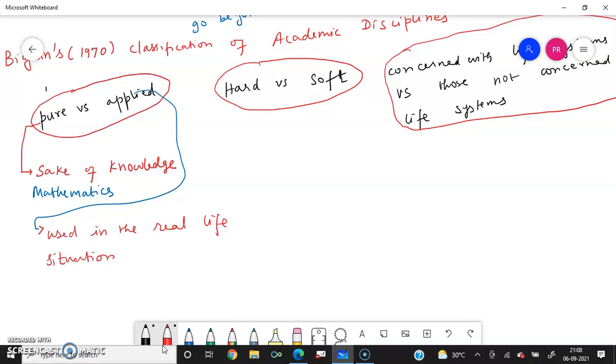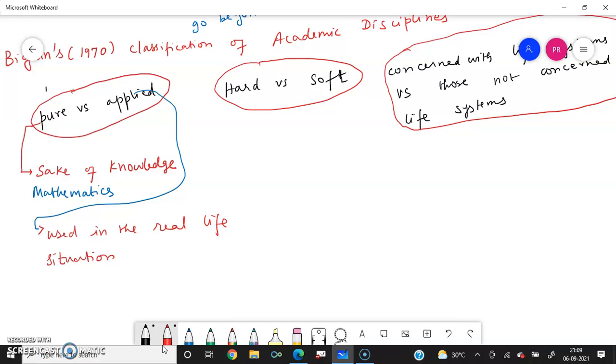Existing knowledge means whatever knowledge is existing, how it is used in the real life situation. These disciplines make a significant contribution to the world because sometimes they can be derived from the theoretical foundation, but they give the practical part of the theoretical discipline, we can say.